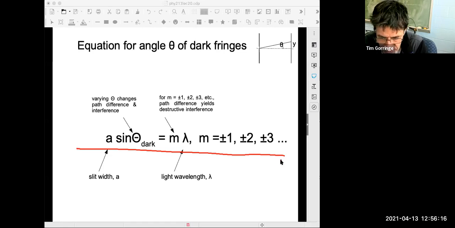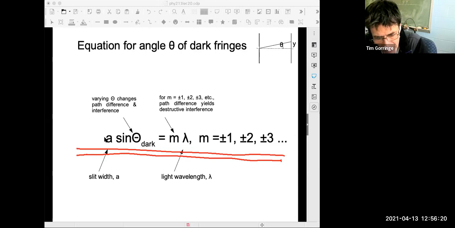And so it relates the width of the slit to the direction of the dark fringe to the wavelength of the light. And it locks together all those things. And this describes our single slit diffraction pattern.